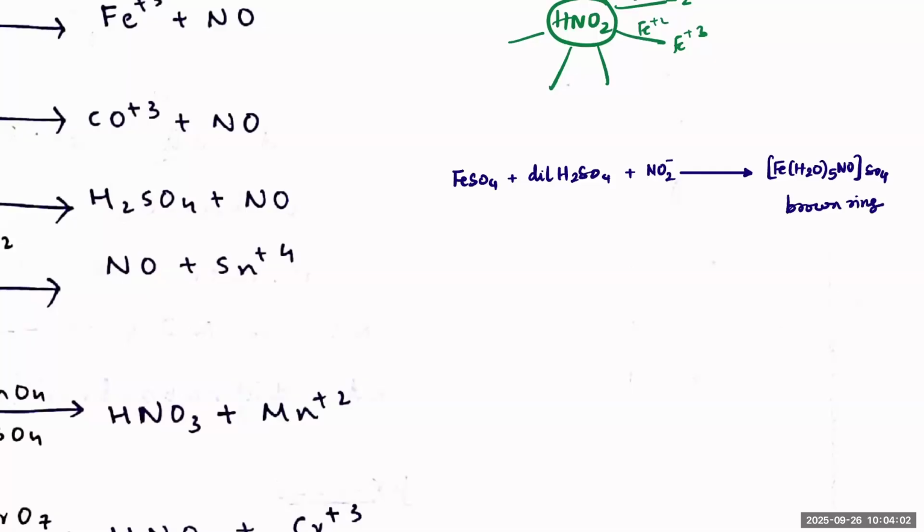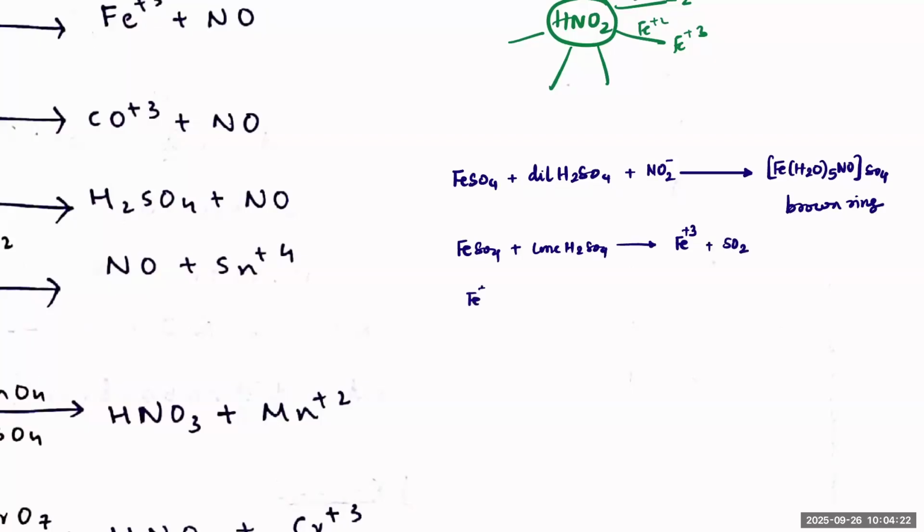If you have FeSO4 and I want to check for NO3-, in that case, first I need to add some concentrated H2SO4, not dilute, to convert some part of that into Fe+3.